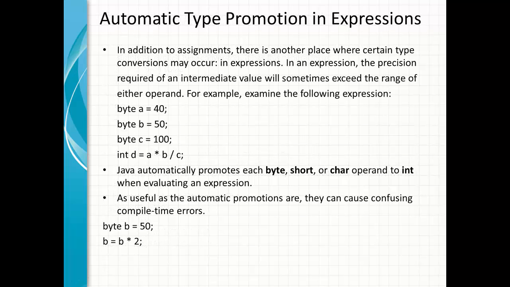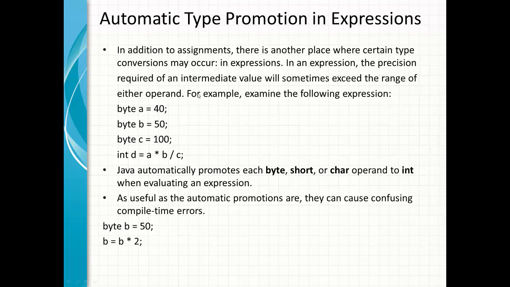Now, automatic type promotion in expressions. This is important to understand because most of the time these are the mistakes that happen, and these types of issues are hard to catch. In addition to assignment, there is another place where certain type conversion may occur: in expressions.